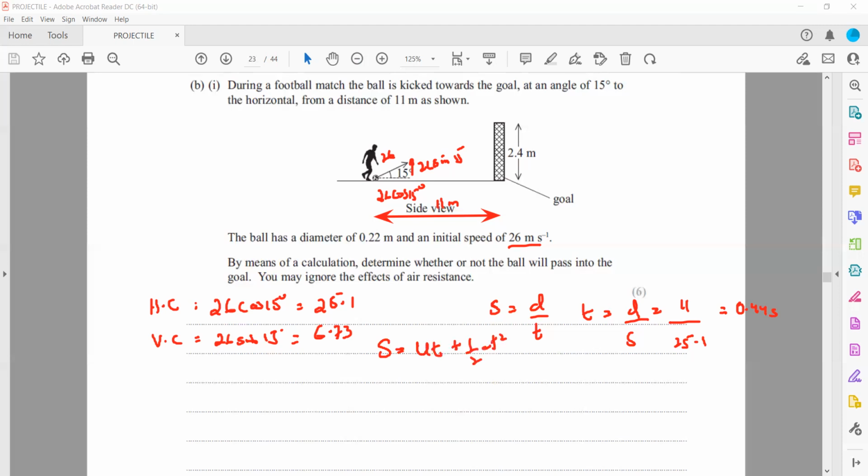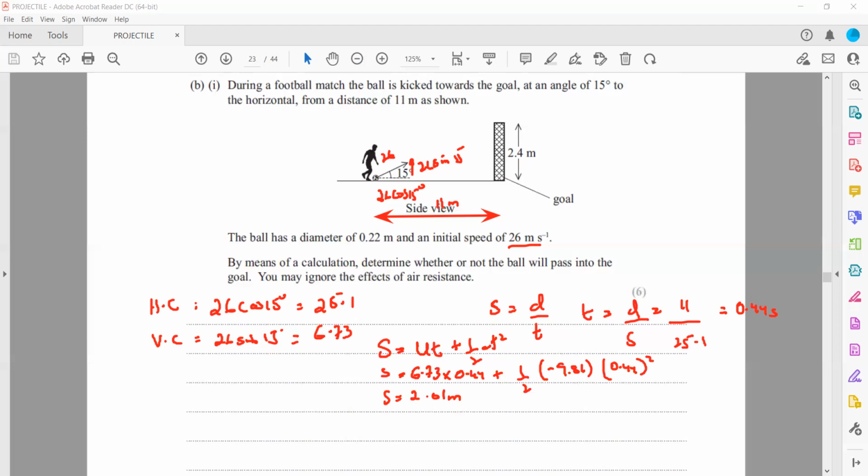Use the initial velocity, which is 6.73, because we always substitute the vertical component. Time is 0.44, plus half, and because it is moving against gravity, 9.81, and time squared, 0.44 squared. When we simplify, we get the vertical height, which is 2.01 meters.